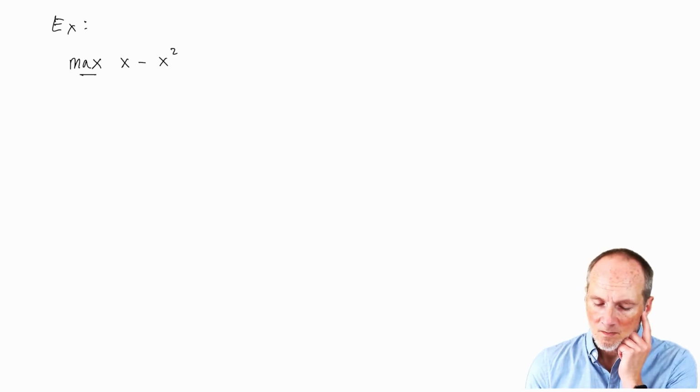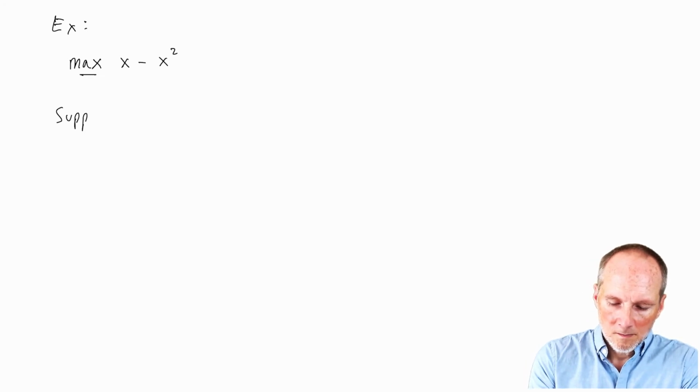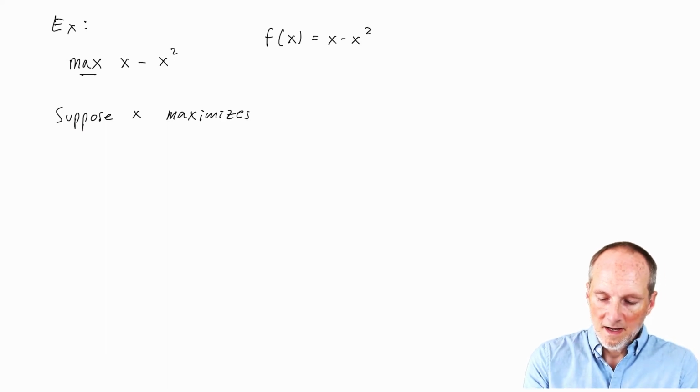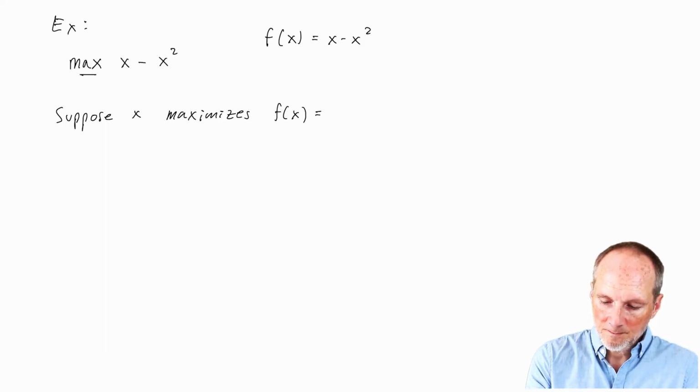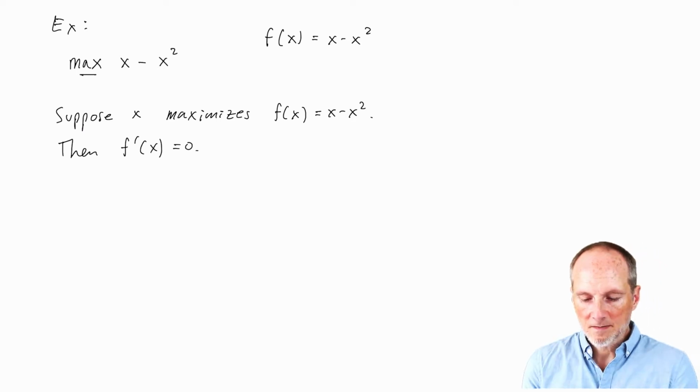So what we can do is say, well, suppose x maximizes this function, and let's call this function f, because that's just standard. Suppose x maximizes this function, then we know the derivative of the function has to equal 0 at x.